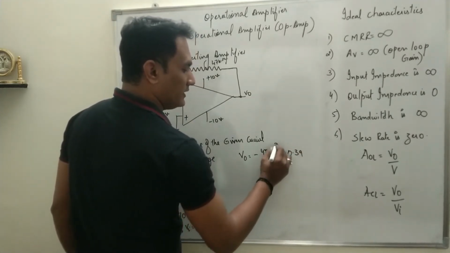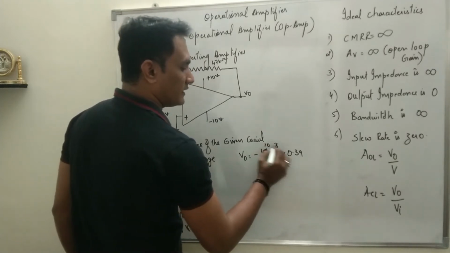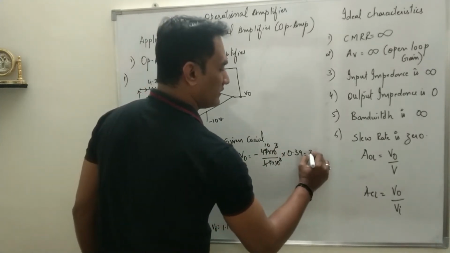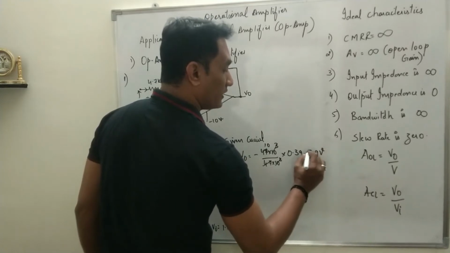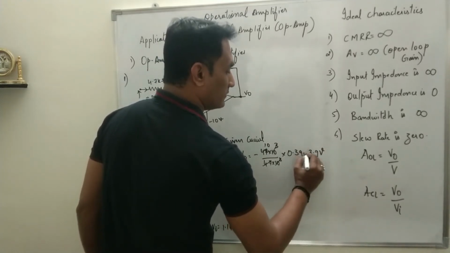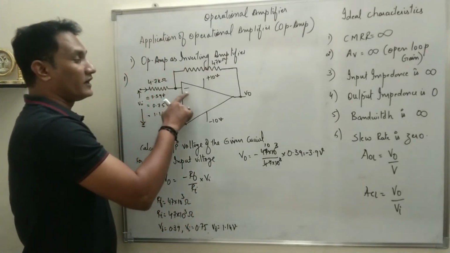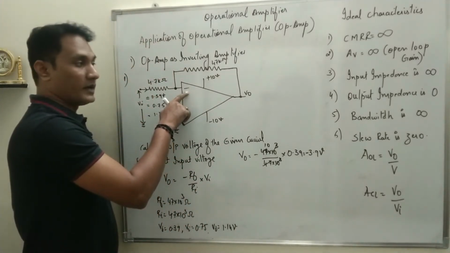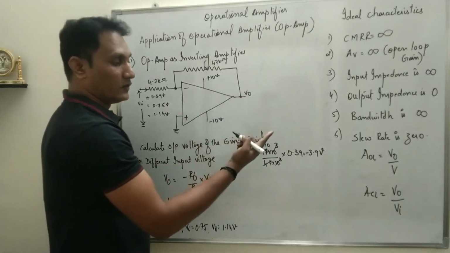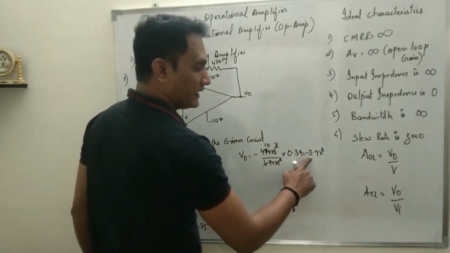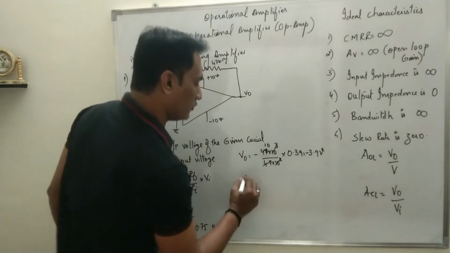So this value will be 10 multiplied by 0.39, which is 3.9 volt. Of course the output voltage will be minus, because the input is positive and applied to the inverting terminal of the op amp, so the output will have a 180 degree phase shift and be negative, so minus 3.9 volt.